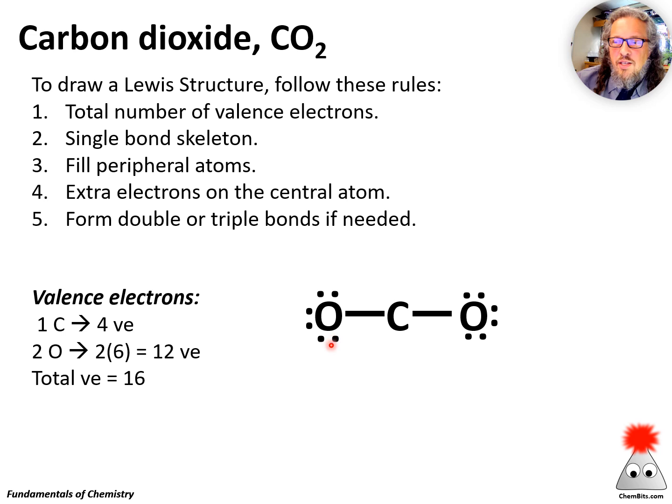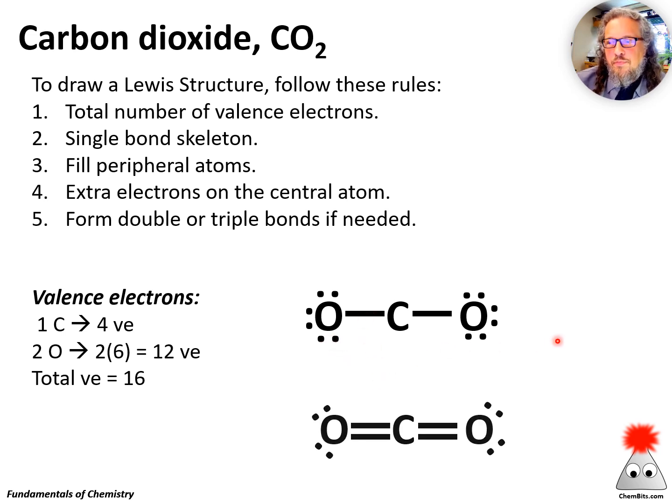And what if I take these 2 electrons and I bring them in and I make that a double bond? Well, then I get this structure, and now oxygen still has 8. Carbon now also has 8 electrons around it. So this is a better Lewis structure. This is a good Lewis structure for carbon dioxide.